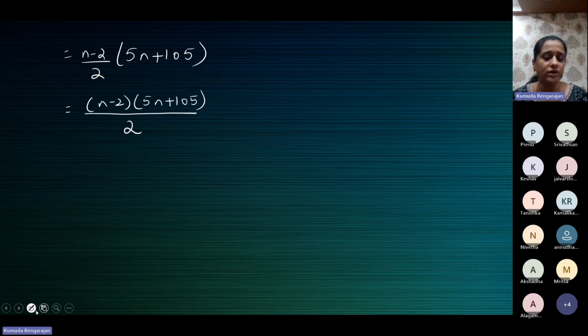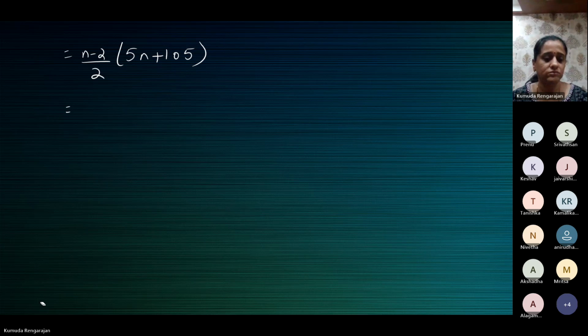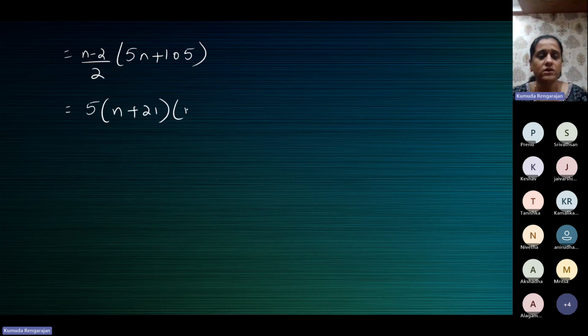You can even take out 5 common and write it as n plus 21 into n minus 2 by 2.